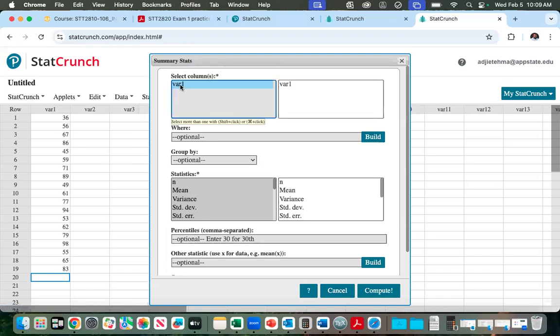We hit variable 1, or you could also rename variable 1 if you want, but if it's an exam, I won't recommend doing that. You save time. Just know you inputted the data set on variable 1. And then we just need Q3. So we have Q3 here.